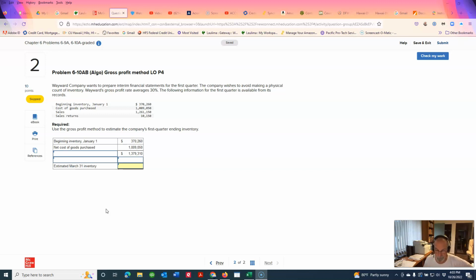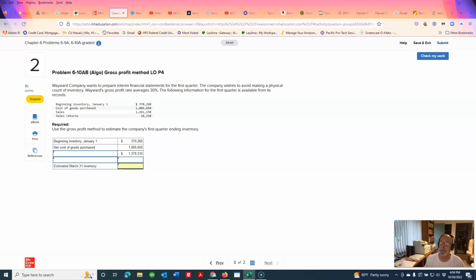The gross profit method requires 2 steps at the top of page 237. So with that said, let's see if we can get through this problem in a relatively short period of time.